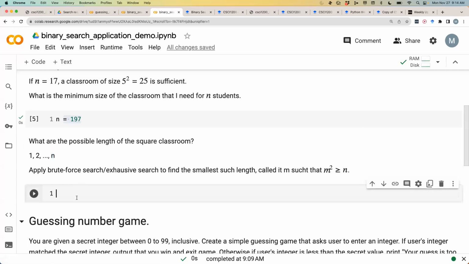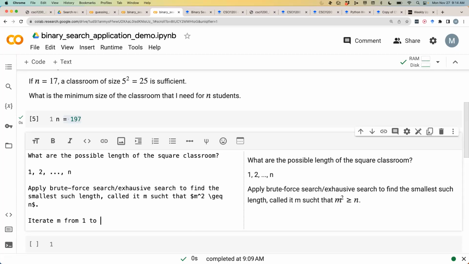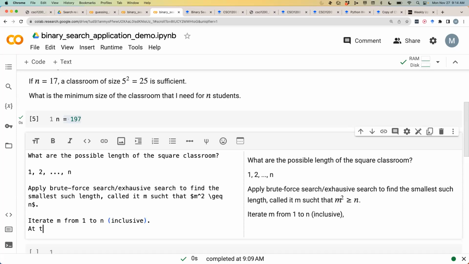All right, so let's do our brute force search. We're going to iterate m from 1 to n, inclusive. At each iteration, we test if m squared is greater than or equal to n.